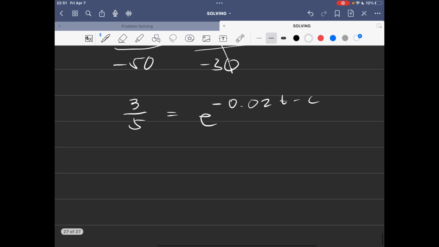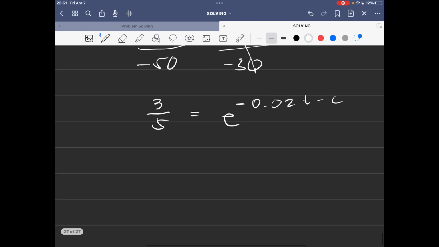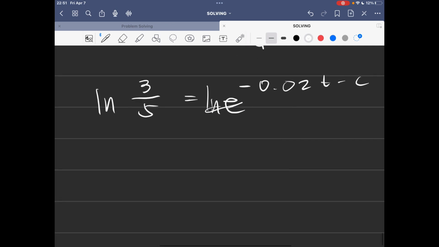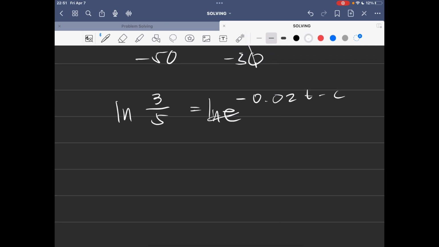What we can do now is we will put ln on both sides. So we can cancel ln of e. So we'll have ln 3 over 5 is equal to negative 0.02 t minus c.